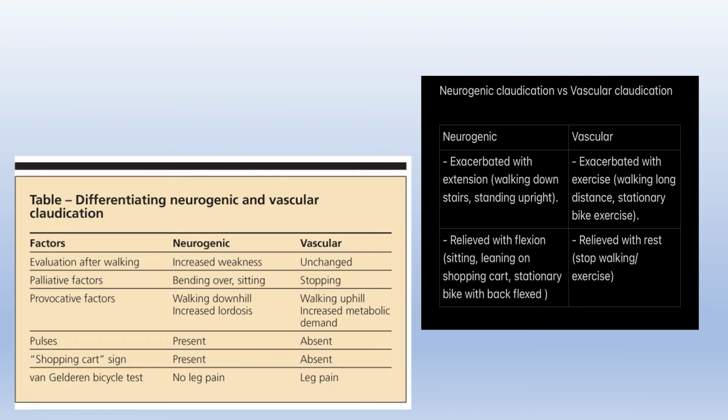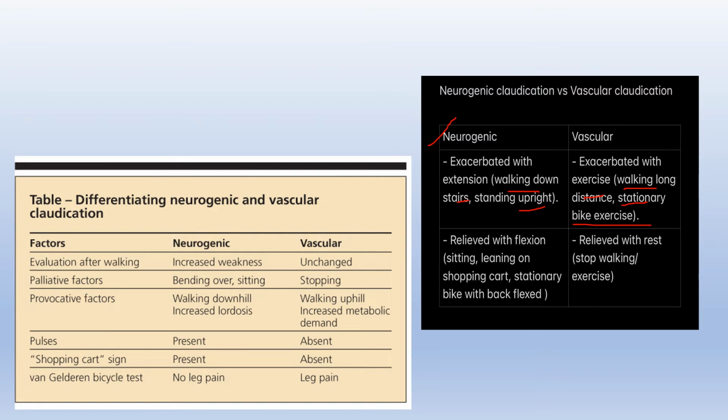Now, what is the difference between neurogenic claudication and vascular claudication? The main thing is that neurogenic claudication is exacerbated with extension of the spine, like walking downstairs or standing upright, and vascular claudication is exacerbated with exercise, like walking long distances or stationary bike exercise.